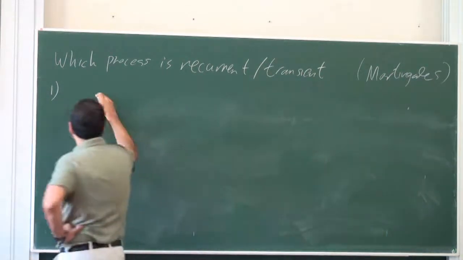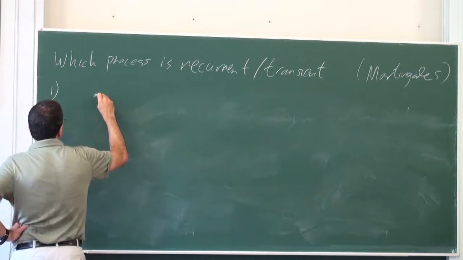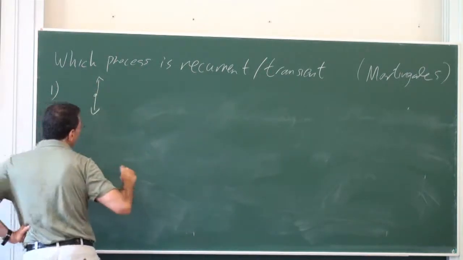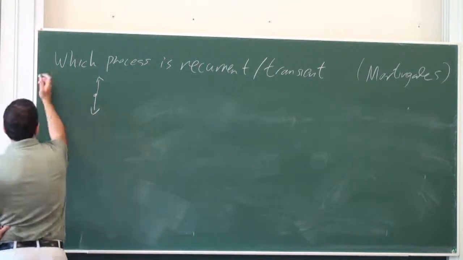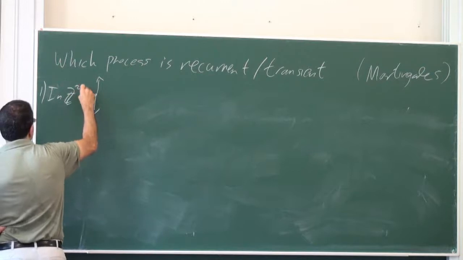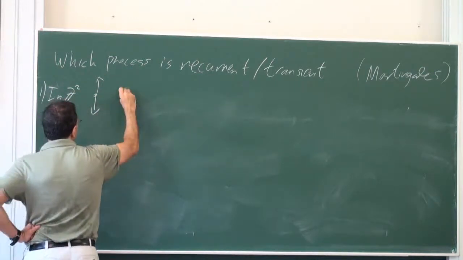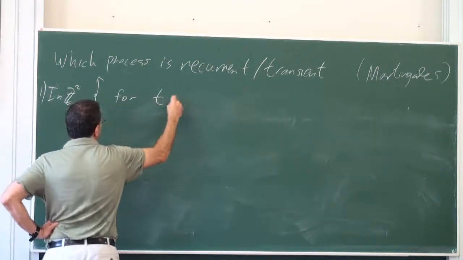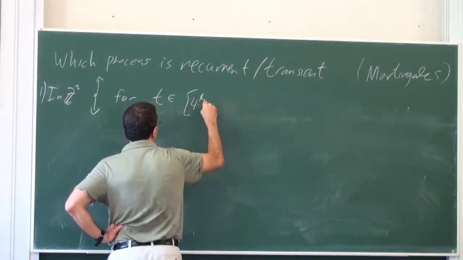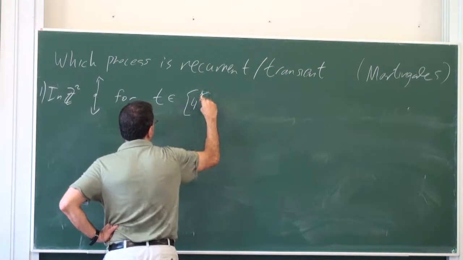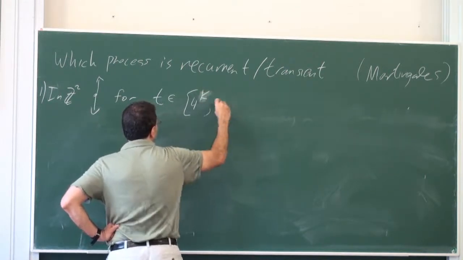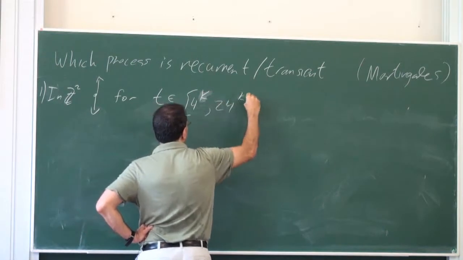And here is the first one. So this will be a process in Z^2, in the two-dimensional lattice, and we walk up or down for times t that are, say, between 4^k and twice 4^k.